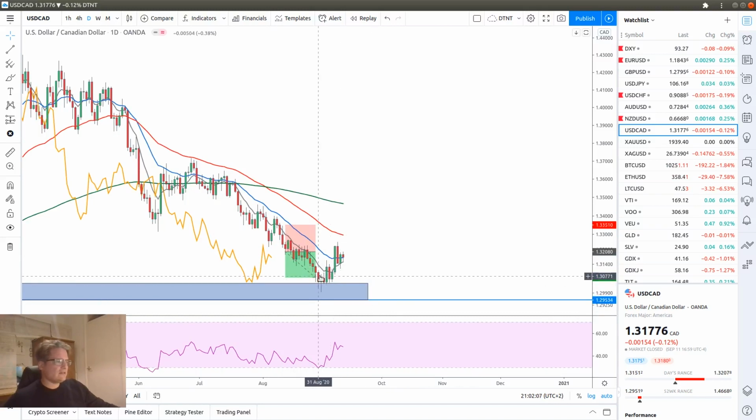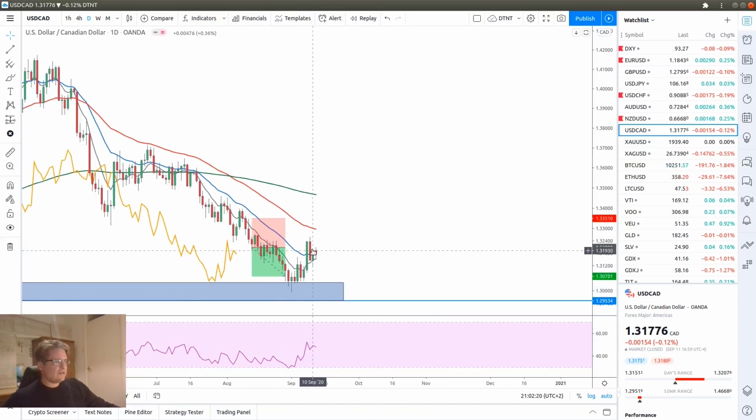That would have been nice to get long off this candle, but somehow I didn't see it, or maybe I had too many positions on, I don't know. But I missed this one, and that would have been a nice long trade that I could have traded maybe back to the 50 EMA, or maybe even to the 200 EMA, back to this level right here.